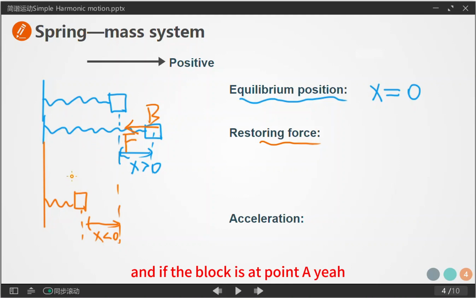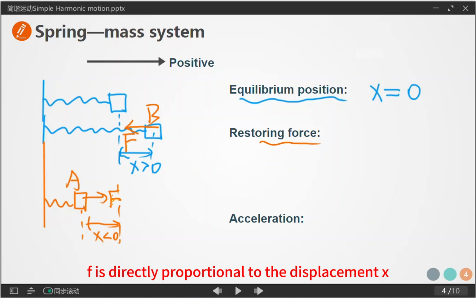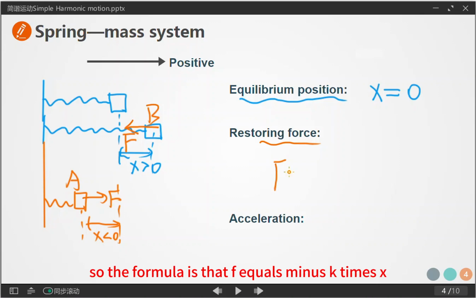And if the block is at point A, the spring will push the block to the right. In most cases, we can assume that the restoring force F is directly proportional to the displacement x from the equilibrium position. So the formula is that F equals minus k times x.